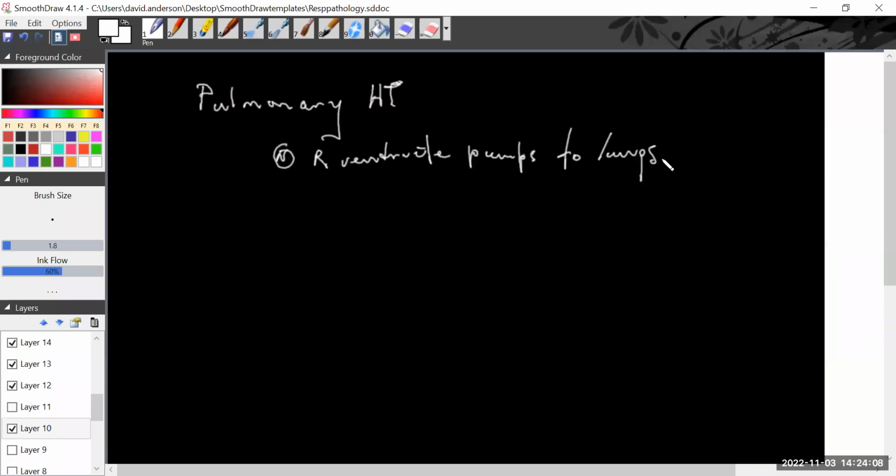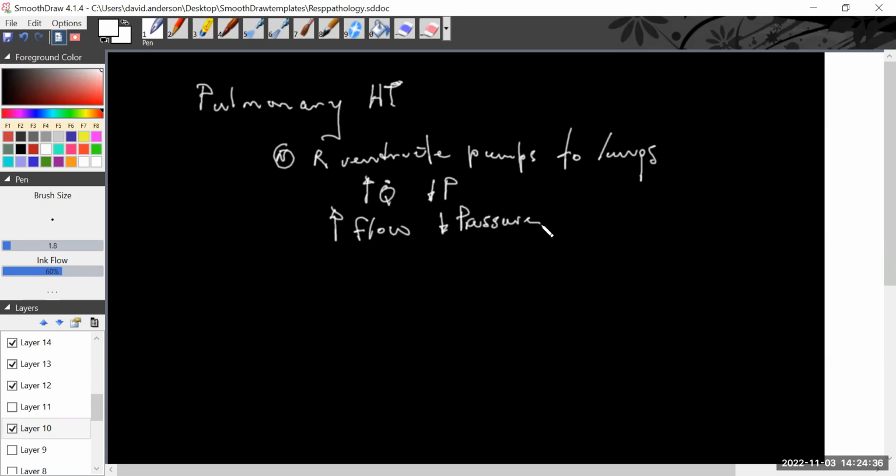So normally we describe the flow to the lungs from the right side as high flow and low pressure. So that's high flow, low pressure from the right ventricle into the pulmonary circulation.